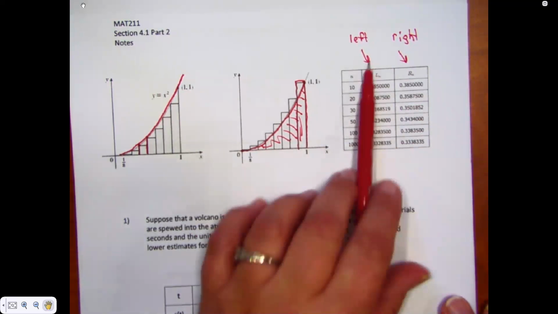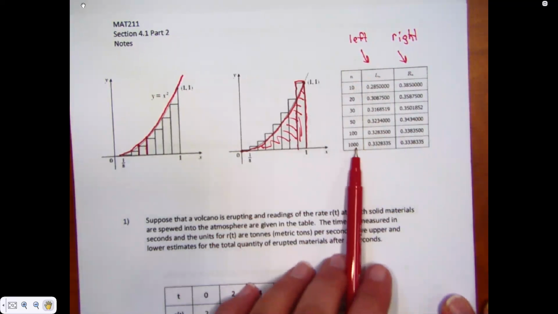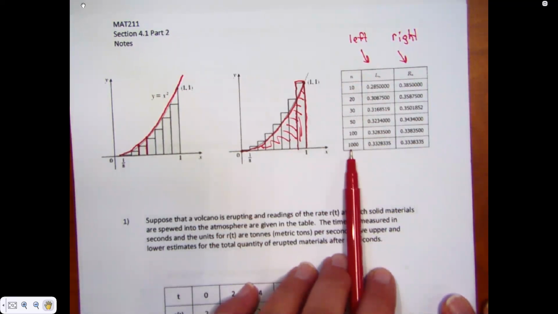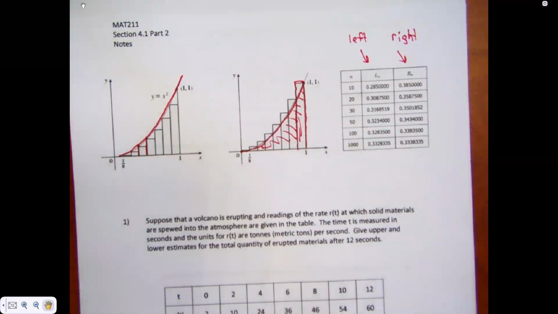This side is always a little bit smaller, and this side is always a little bit bigger. How many rectangles do I have here? 1,000.